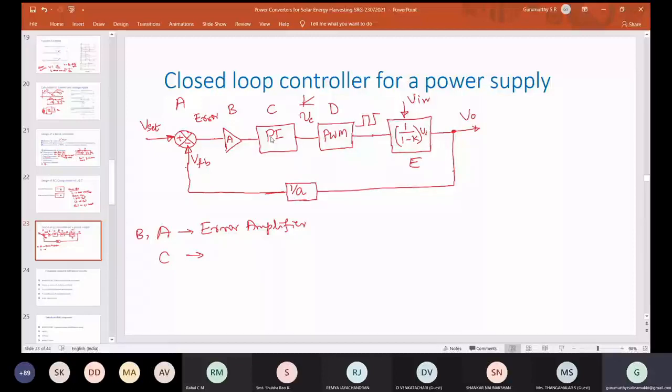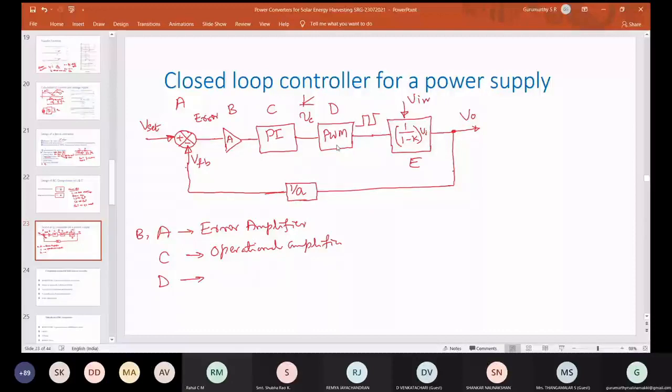Then you see D. D is a PWM block. The input is an analog voltage, and you want the output as pulses, whose pulse width should be proportional to the control voltage. That means one PWM IC which will convert the analog voltage to pulses.